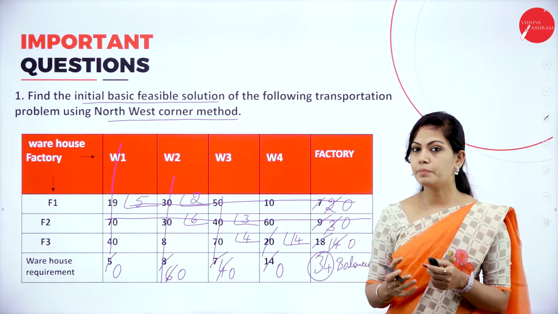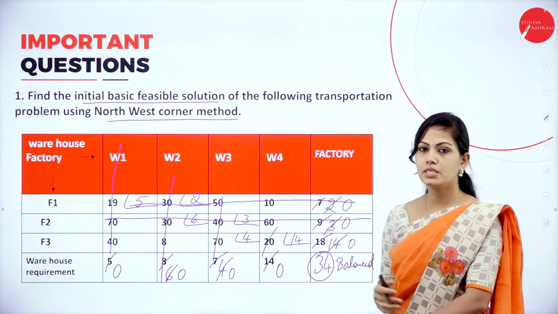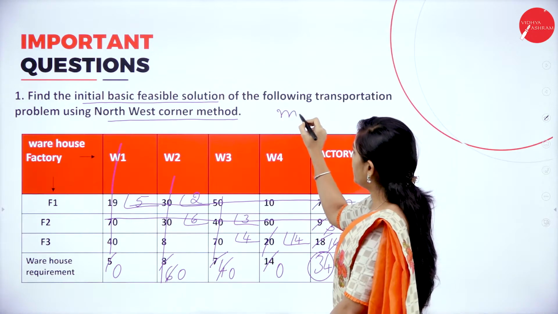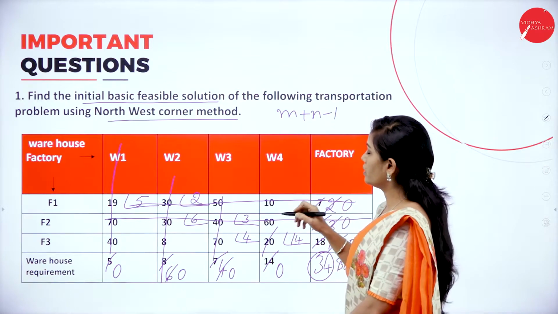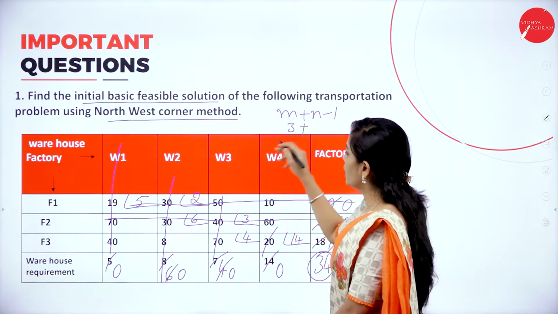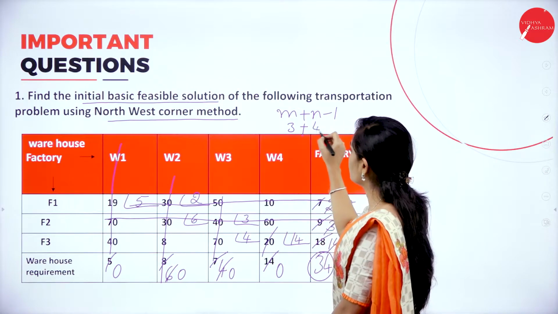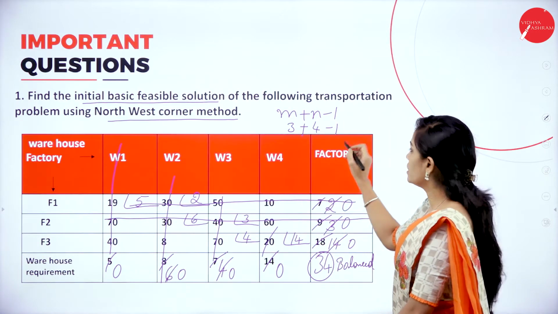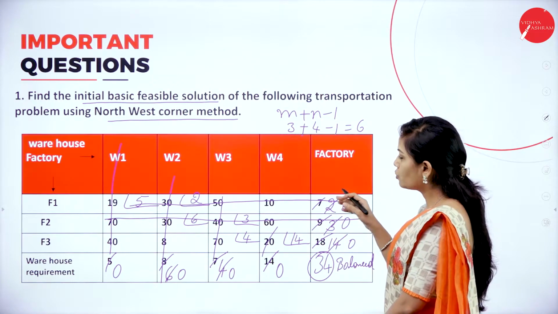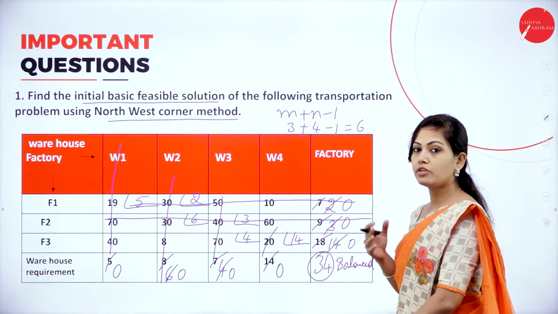So what is the next step? You have to check whether it is degenerate or non-degenerate. So m plus n minus 1. Number of rows is 1, 2, 3 plus number of columns, it is 4. 7 minus 1 is 6. Now how to check whether it is non-degenerate or degenerate?